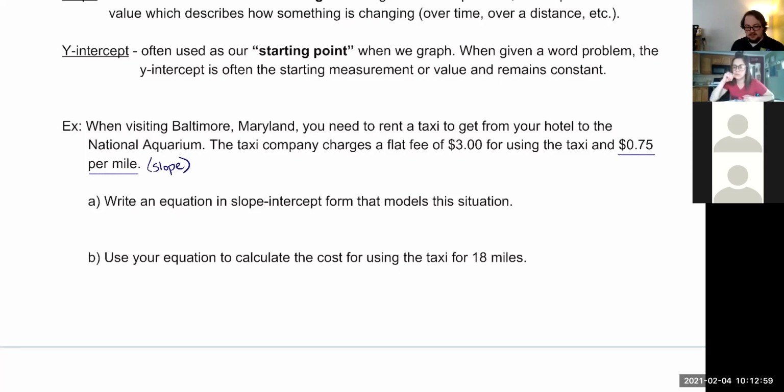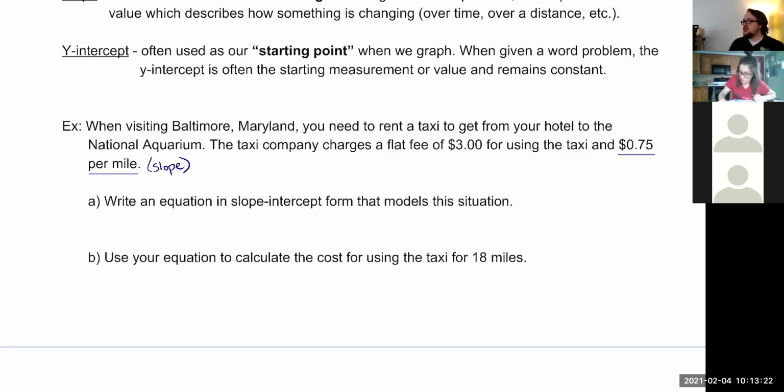Well, obviously that must mean the other one is the y-intercept, but I want to defend why that is. Why would the $3 be the y-intercept? It's a starting point. It uses the words flat fee. A flat fee, when you pay something, means that everybody pays it.